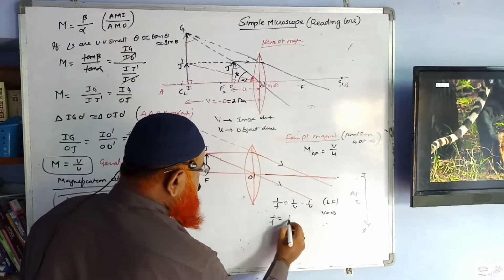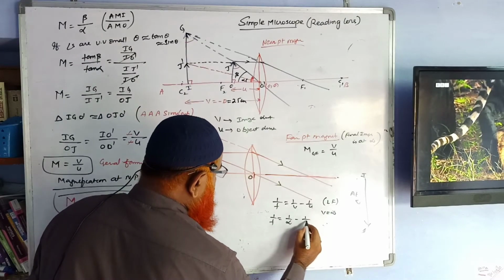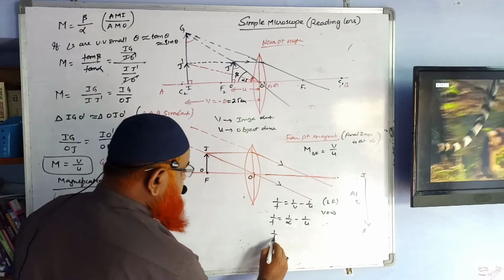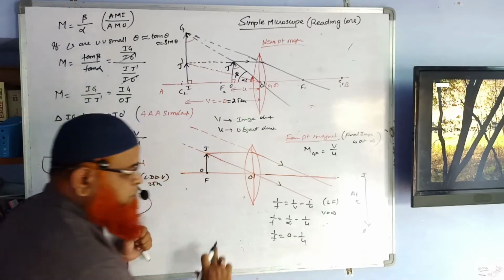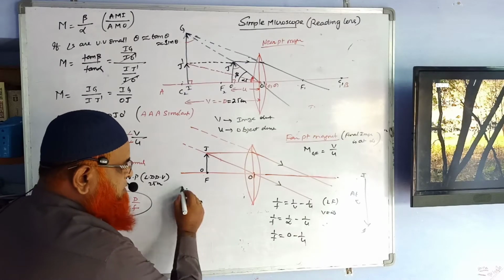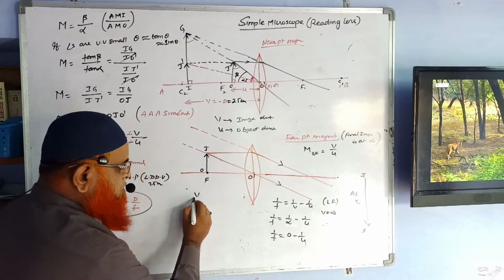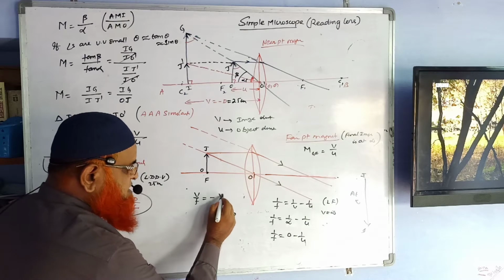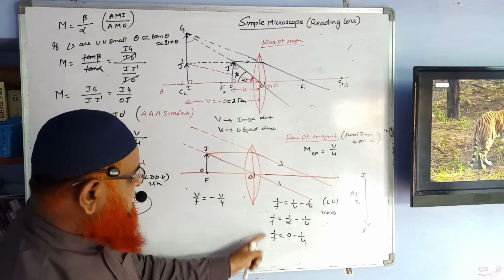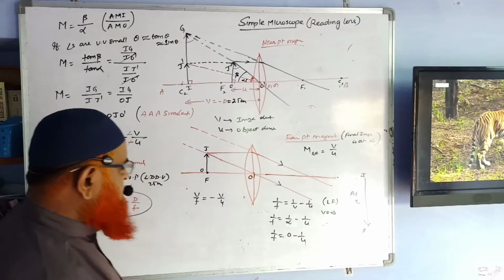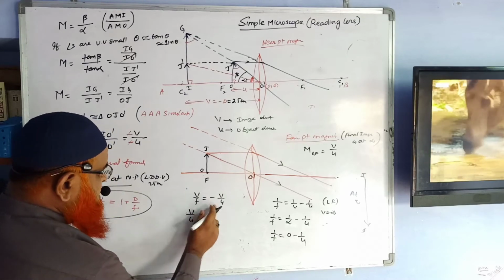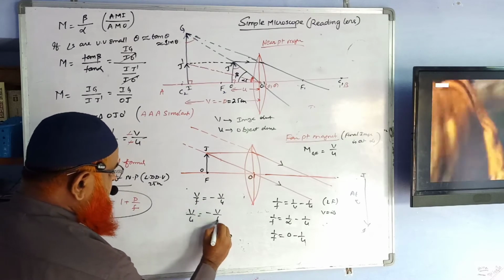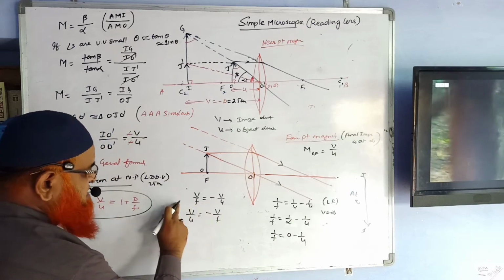So 1 by F is equal to 1 by infinity minus 1 by U, which is 1 by F is equal to 0 minus 1 by U. Multiply both sides by V, and you'll get V by F is equal to minus V by U. Now I am sending the minus to the other side.